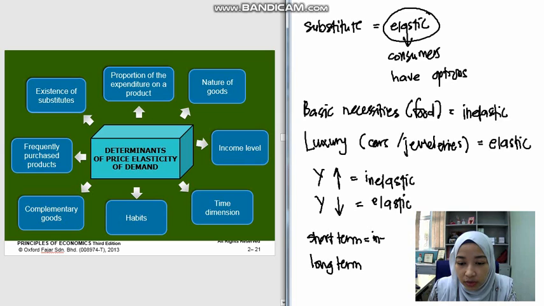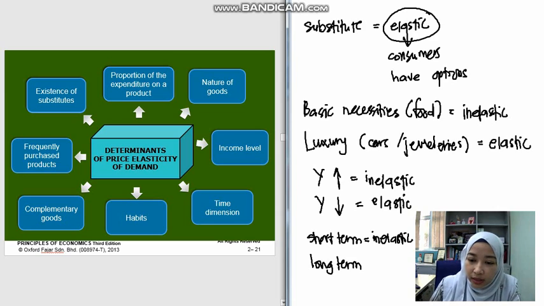So demand will be a bit inelastic, meaning they have no time to reduce their purchase. Contoh, in the case of the earlier period of COVID-19 during March, the price of mask increased drastically. The price of hand sanitizer increased drastically.